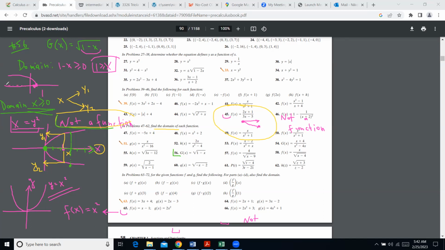So looks like the domain has a graph with x coordinates that extend to the left. We will work more with square root functions today. So just a little flavor of how the graph is going to look.